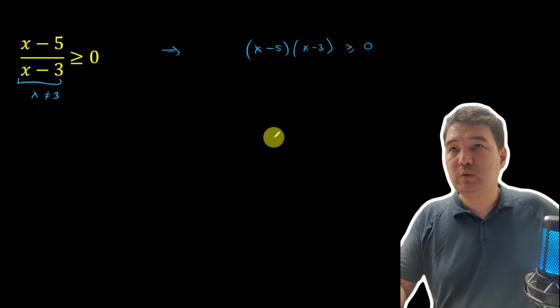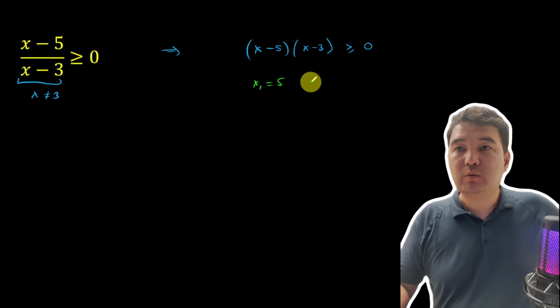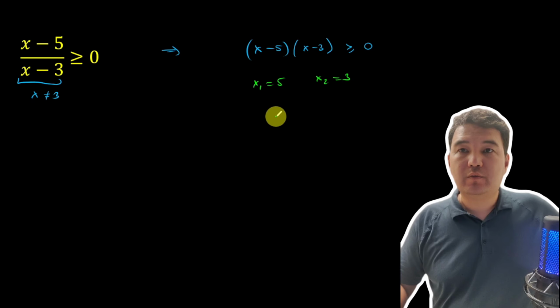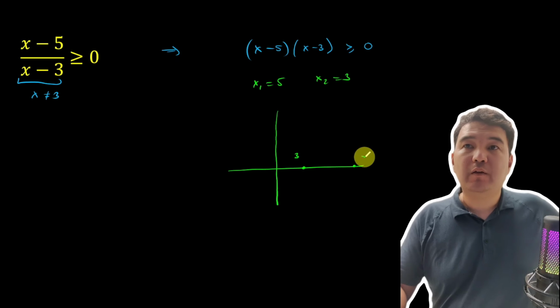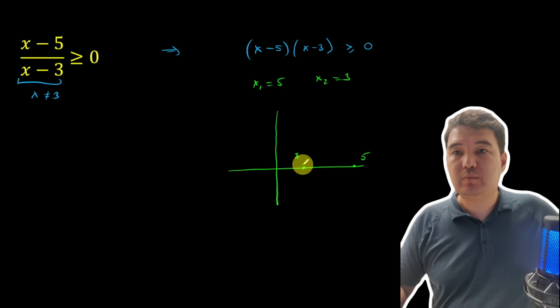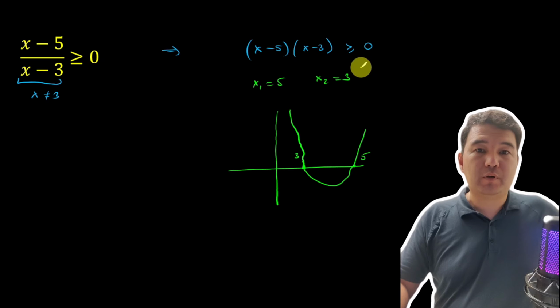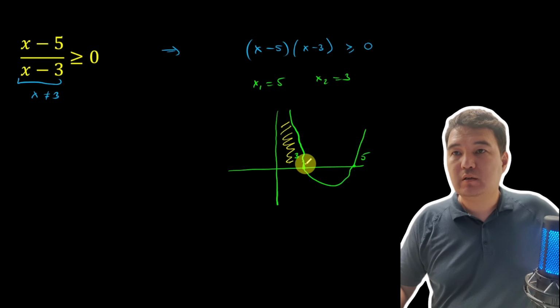So let's solve this one. x1 is 5, x2 is 3. If you draw the parabola, the roots are 3 and 5. If you open the parentheses, it's an upwards parabola, so the graph is going to be upwards. We are looking for positive results, so the part above the x-axis.